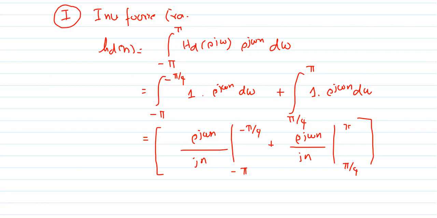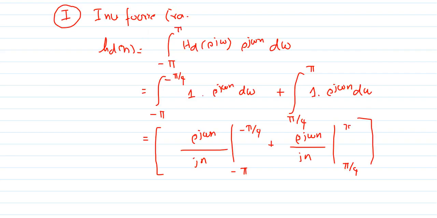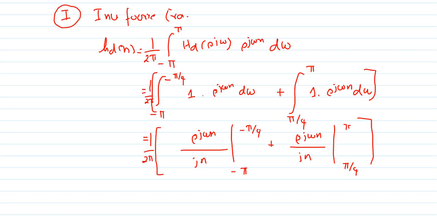So jn is common, we'll take it out. So 1 by jn, and in the formula we already have 1 by 2 pi, which I had dropped, so we'll have 1 by 2 pi jn coming out.